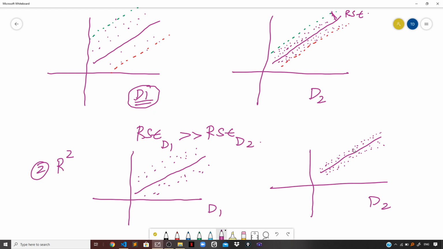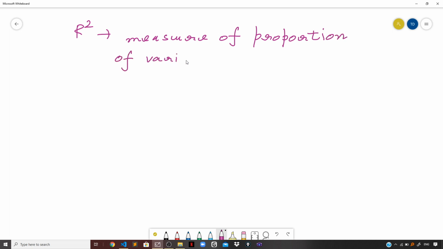So R-square is a measure of, let me write this down, R-square, it is a measure of the proportion of variability in Y as explained by X. So it is one of the most important performance metrics for evaluating the performance of your regression model.